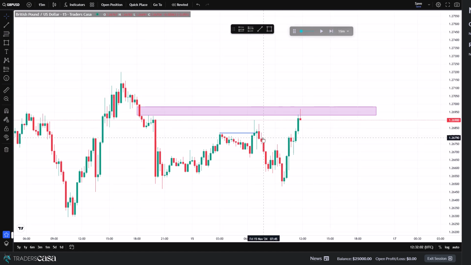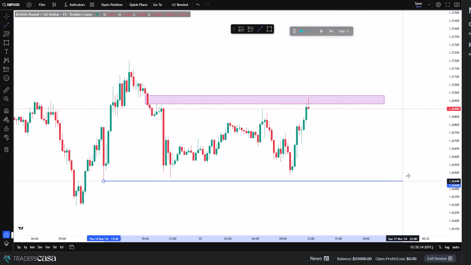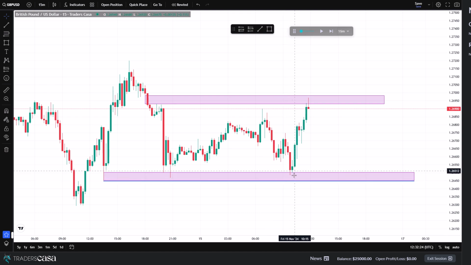Now here was my debate, right? This is why I would sometimes not enter off of a fair value gap and prefer to enter an order block, given the high possibility or high risk reward ratio that an order block has. So firstly, we have not generated sell side liquidity here, right? We have many people wanting to buy this because we've tapped it for the third time.